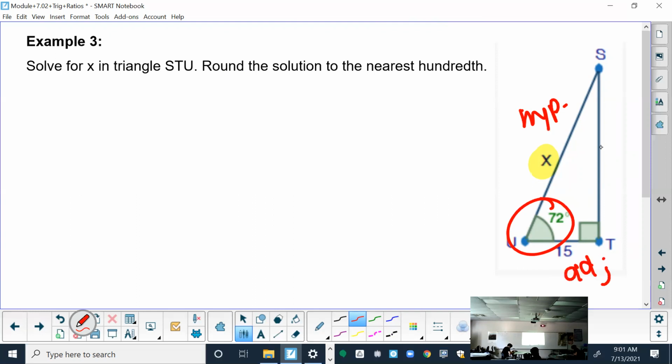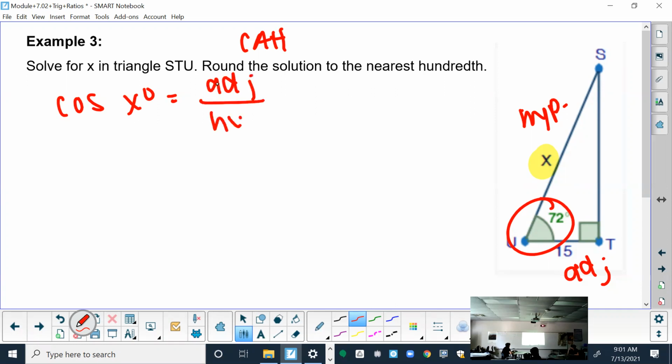I'm not really concerned with this other side, the opposite side, because it doesn't tell me anything there. So it's not going to be useful in helping me solve. Since I have adjacent and hypotenuse, I'm going to use cosine again. So cosine of x degrees is adjacent divided by hypotenuse, and plug in what you are given.